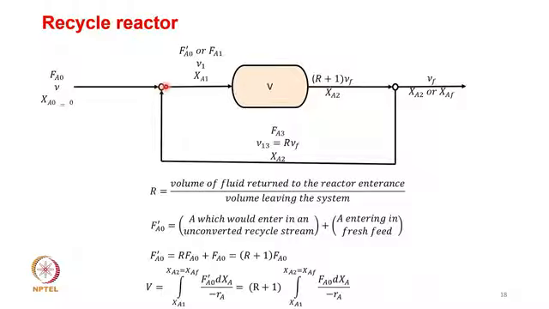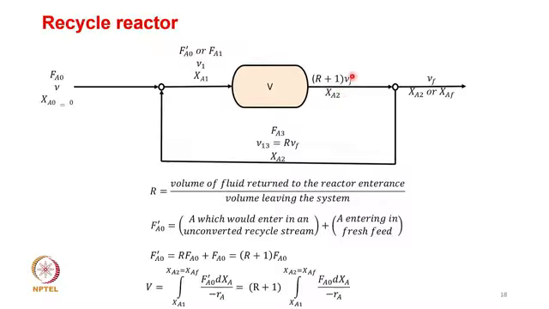When it is mixed up, you may represent this as FA naught prime, because it is just a reconstituted FA, a new variable, FA1 having V1 and XA1, which is going out.